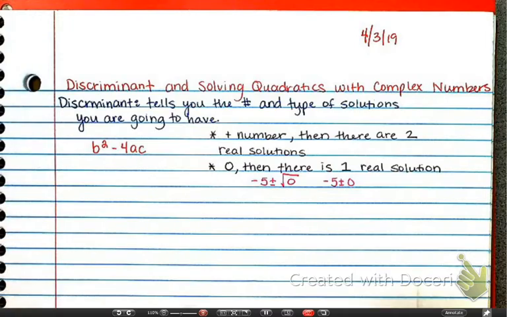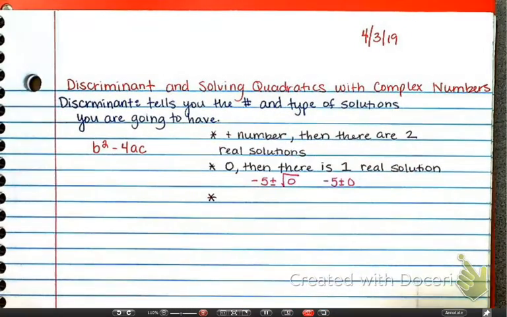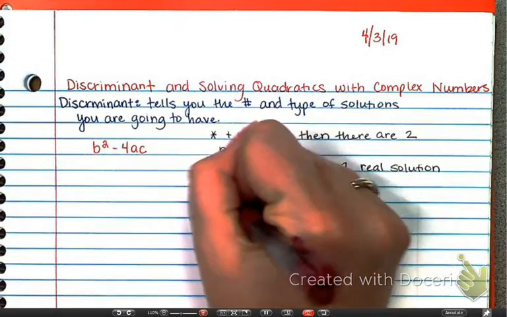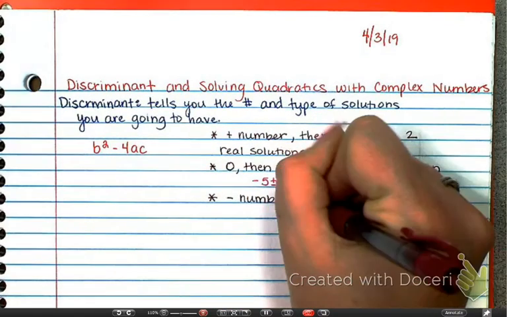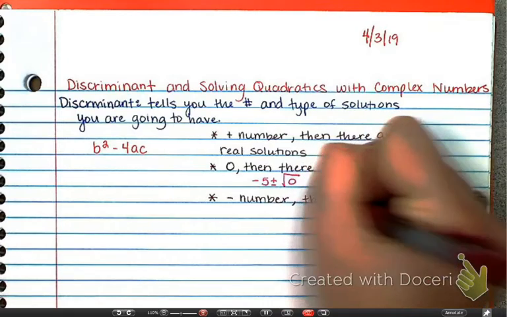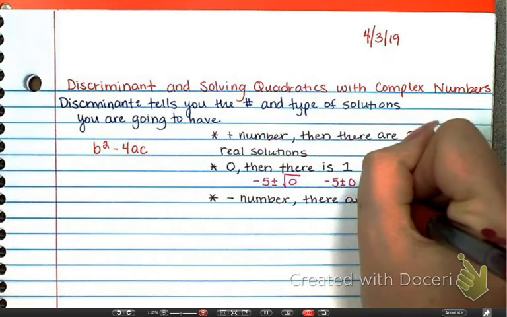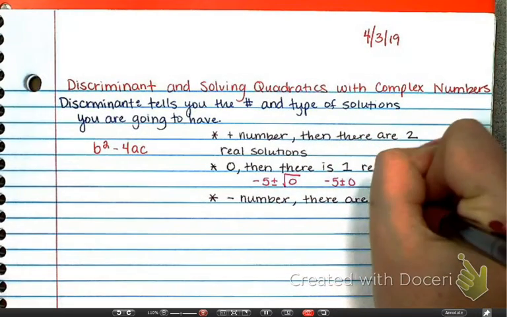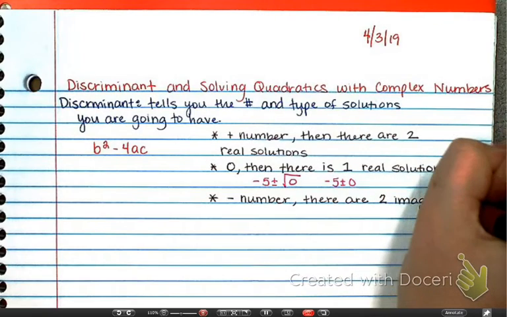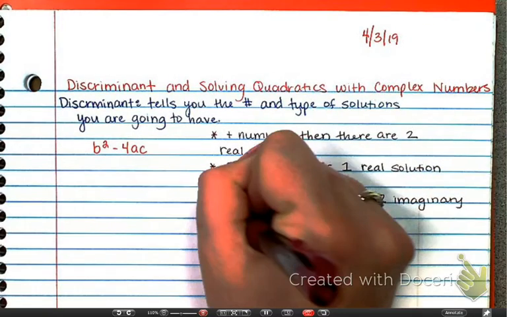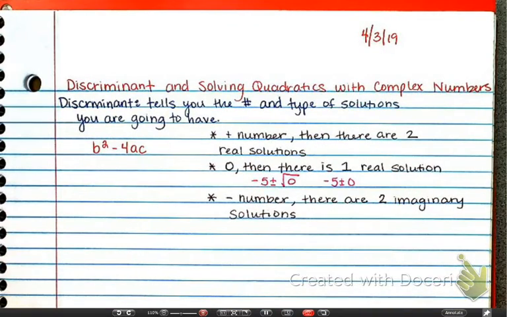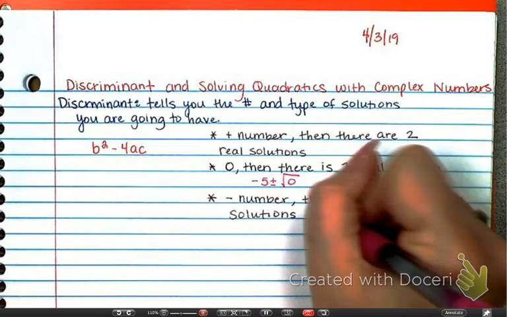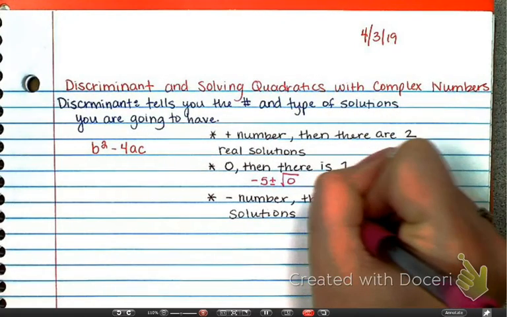Now our last option, which we have not seen yet, which we will see today, is if you get a negative number. So if you get a negative number, there are 2 imaginary solutions. Now, we talked about imaginary solutions at the beginning of the semester, and that's when we had the square root of -1.